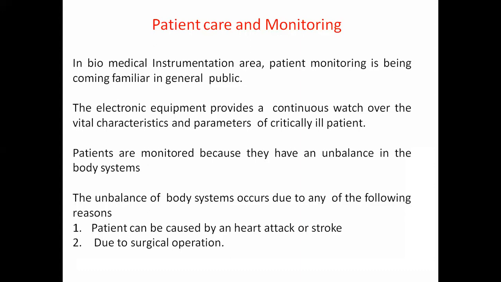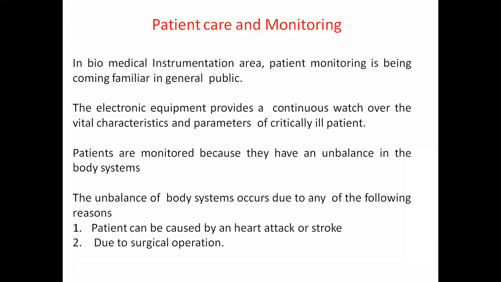Those parameters and characteristics of the patient are continuously monitored using electronic equipment. Patients are monitored because they have an unbalance in the body systems. Why do we have to monitor? Because there is some unbalance in the body system. Due to pressure, BP may be very high, or some problem has occurred in the body. That is unbalance, so for that person we have to monitor.